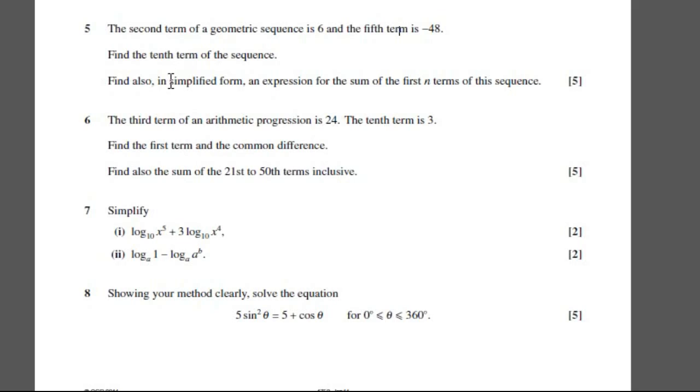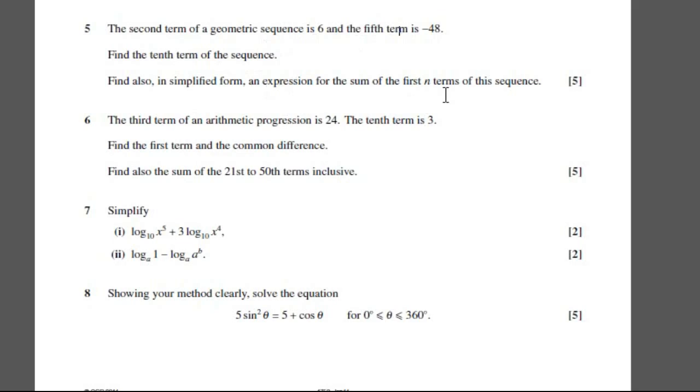The second term of a geometric sequence, given that the general equation is ar to the power n. So second term is 6, and fifth term is negative 48, and we need to find the 10th term, and also an expression for the sum of the first n terms.